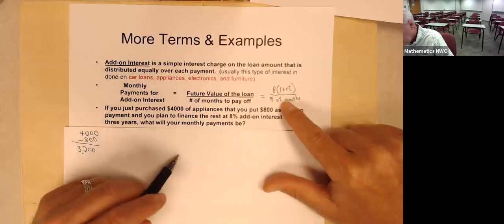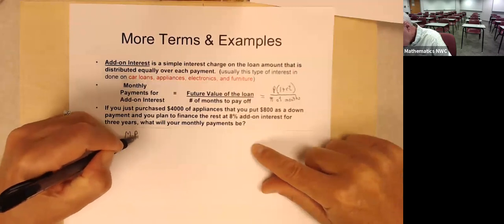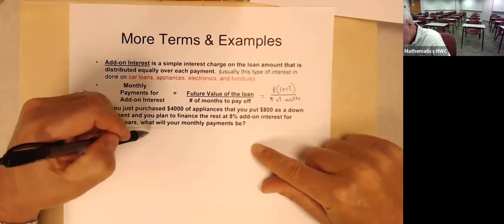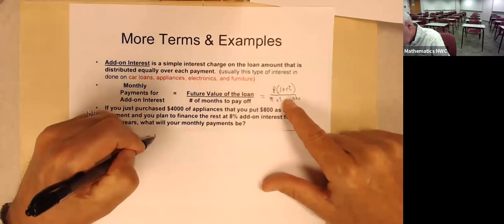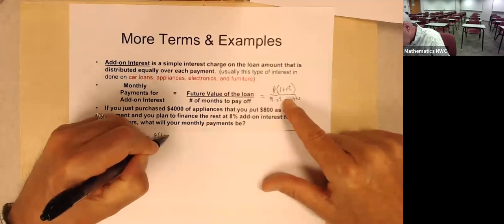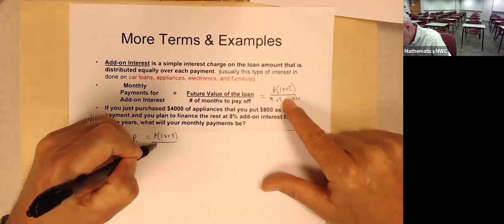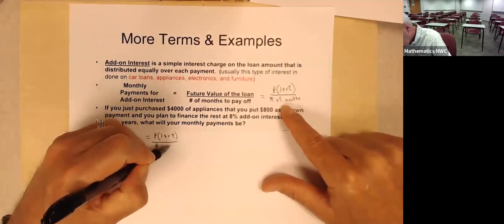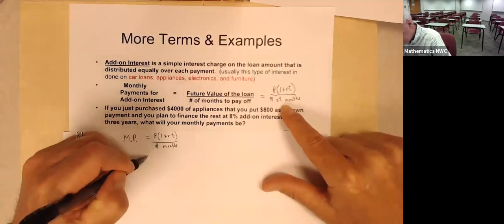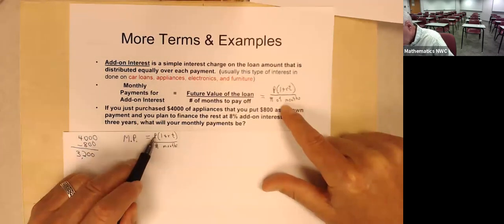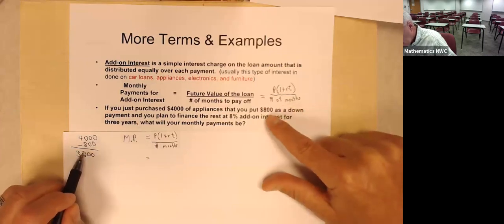So let's get our monthly payment now. I'm going to go MP for monthly payment. It is equal to our future value, which is the principal times 1 plus RT, divided by number of months. So substituting in here, my principal now is what I still owe after I paid my 800 down.